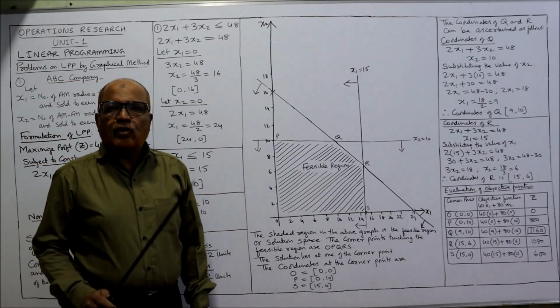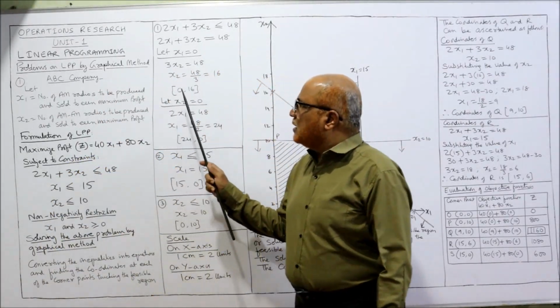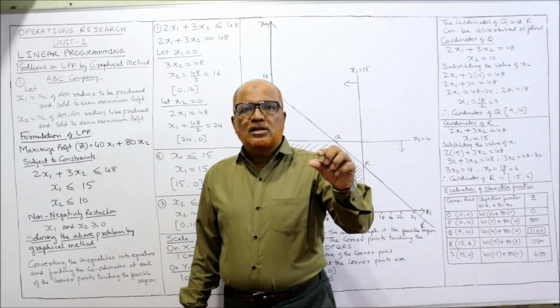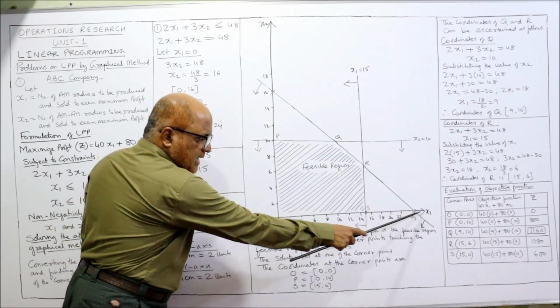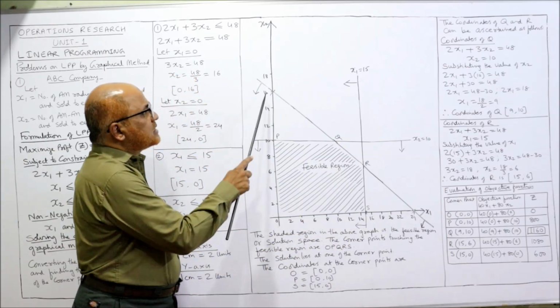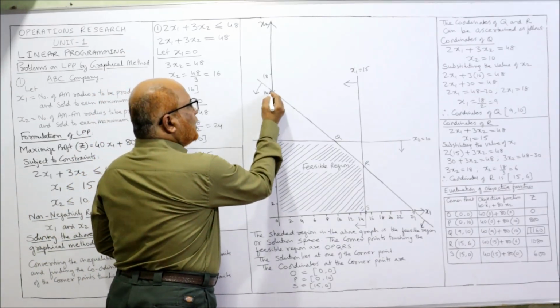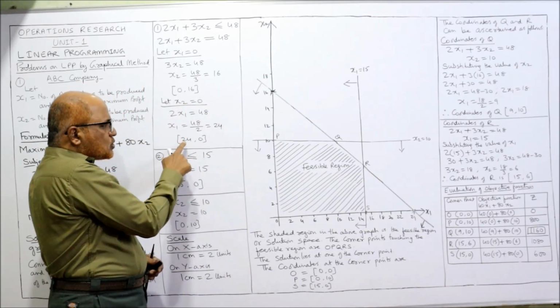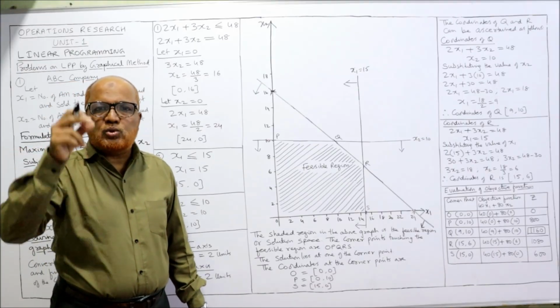Now, we have to plot the coordinates. The coordinates are 0, 16. That means when x1 is 0, x2 is 16. This is x1 0, x2 16. So at 16 you have to put a mark here. Then next one is 24, 0. x1 is 24, x2 is 0.